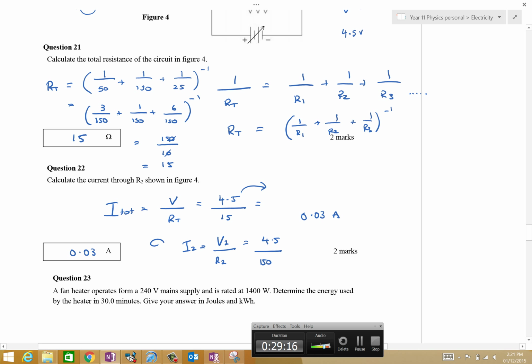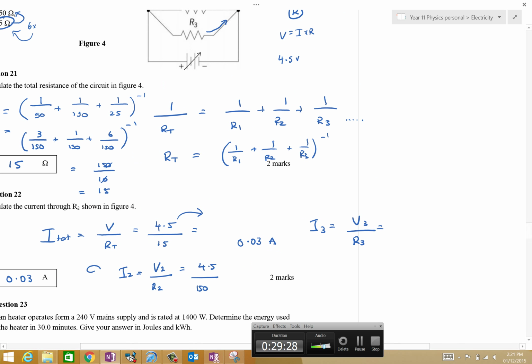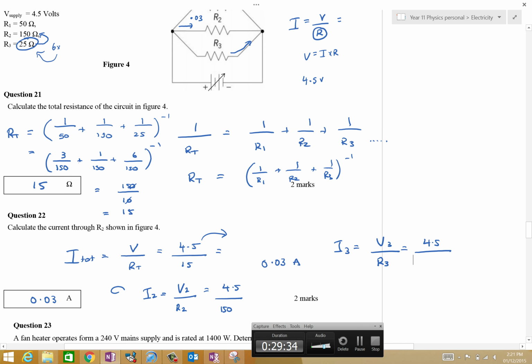Let's work out the current across R3, which is the voltage across 3, 4.5 divided by 25.